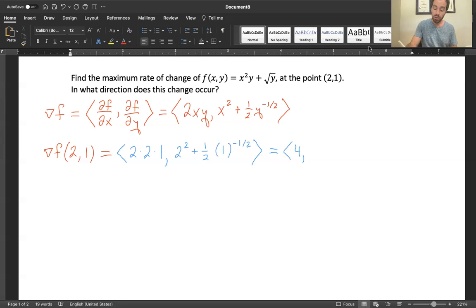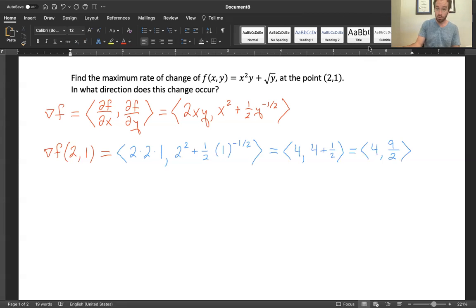And then 2 squared is 4, plus 1/2 times 1 to the negative 1/2. 1 to any power is 1. So this is really 4 plus 1/2. In improper fraction form, it's 4, and then 8/2 plus 1/2 is 9/2.